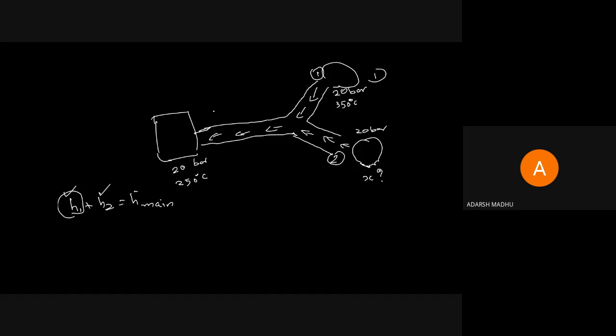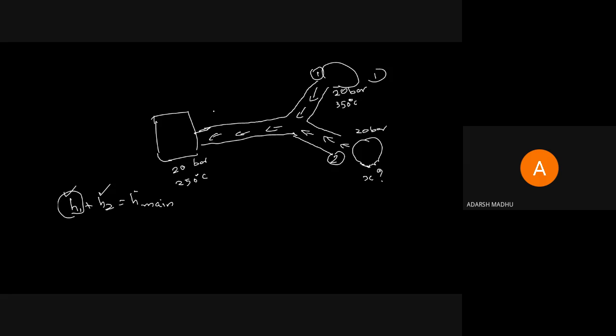Take this B1, which has a pressure of 20 bar and temperature of 350 degrees Celsius. So you will get the value of H here. It is the equation for the boiler with the superheater.